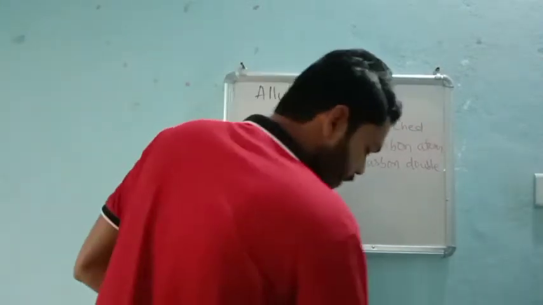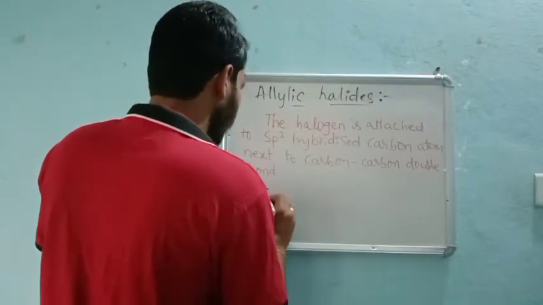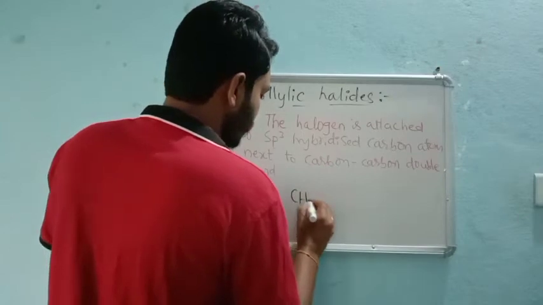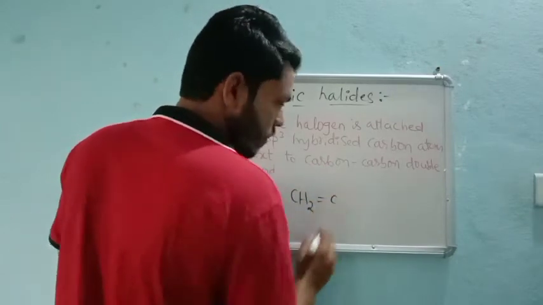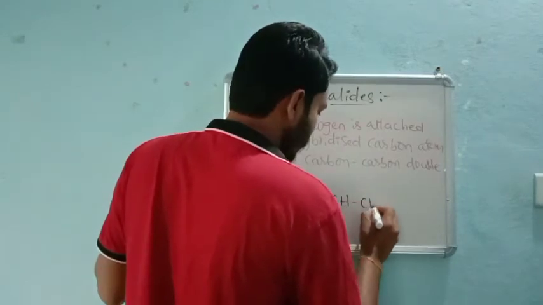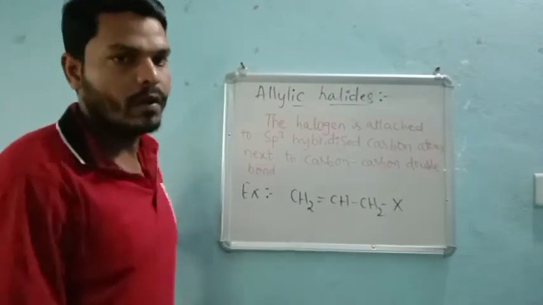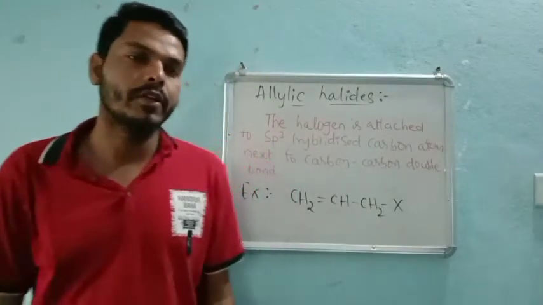I will write the example, then you will come to know very easily. Example: CH2 double bond CH single bond CH2X, where X is a halogen. See the condition.